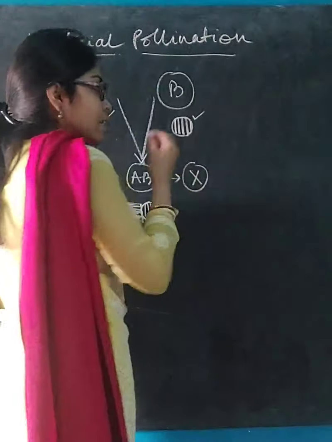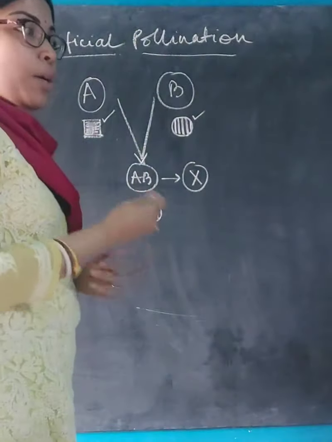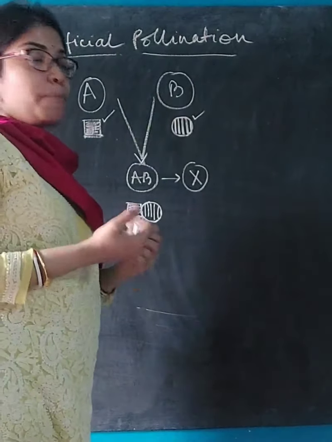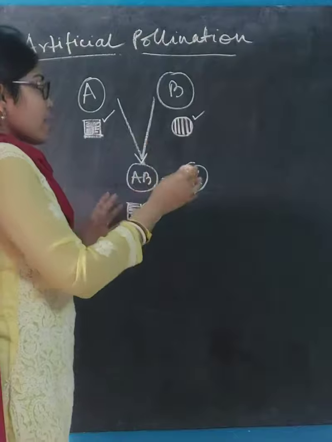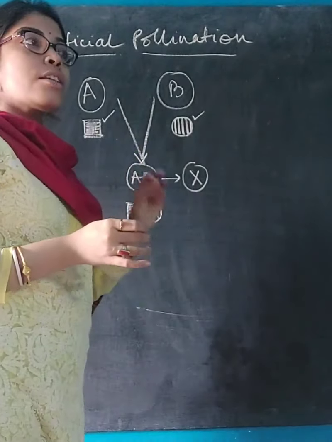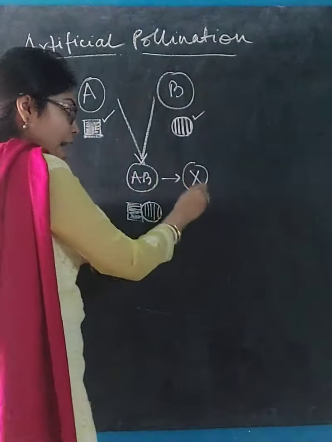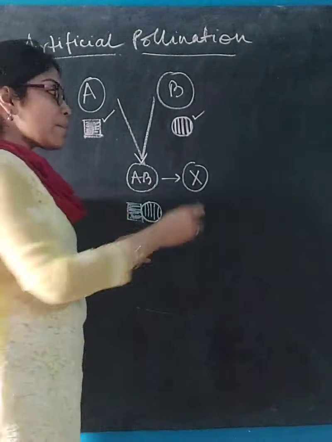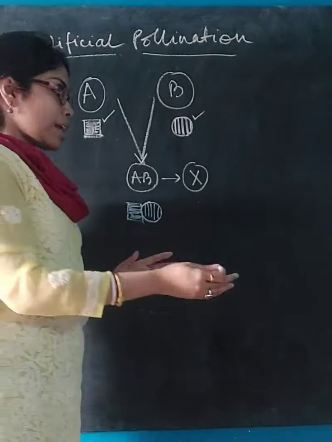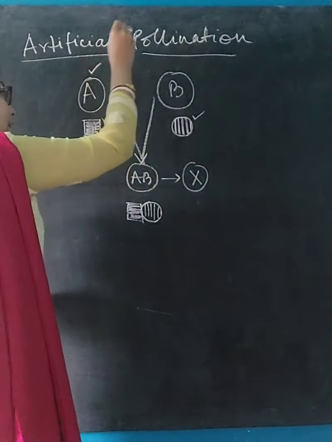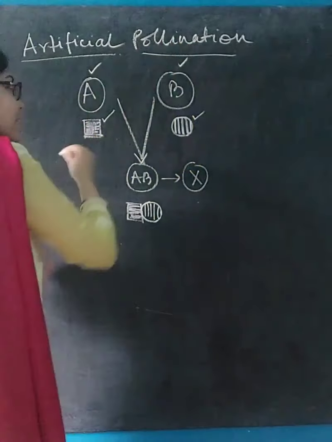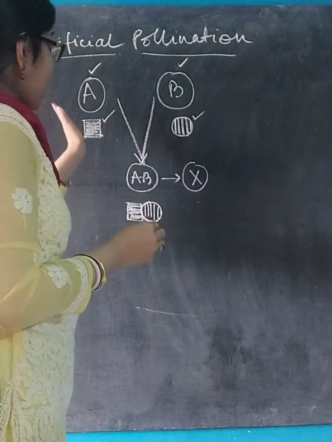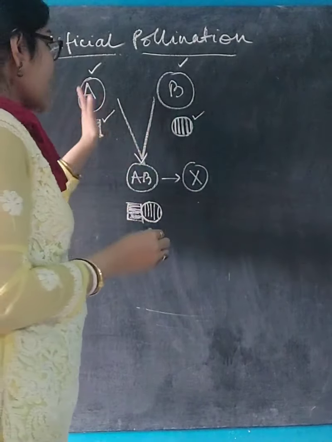So scientists who are doing this kind of research and finding out new varieties of plants desire certain good characteristics in a plant, and they will find out maybe two different plants that have those characteristics. Suppose one is A and another one is B, and then they will take one male flower, that can be either A or B, and one female flower, that can be the other one.